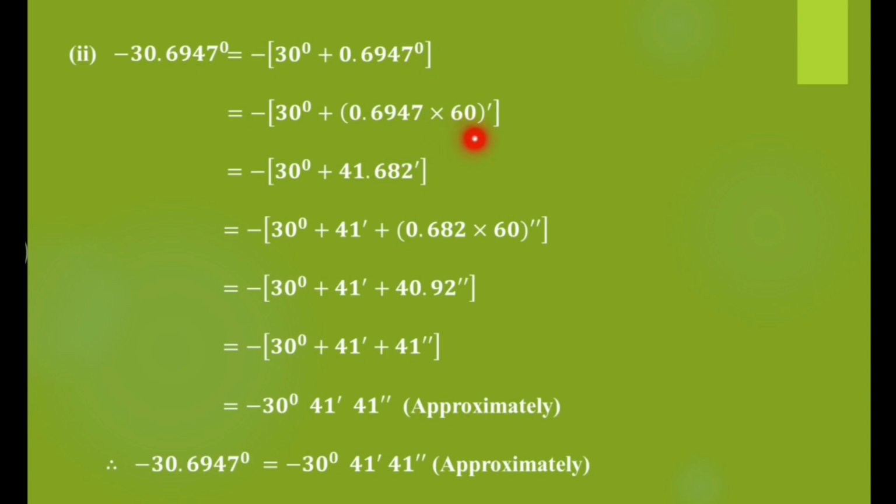So when we multiply this term by 60 we get here 41.682 minute. Now again we separate this 41 minute and this 0.682 minute.